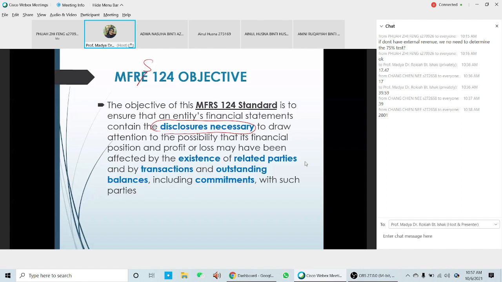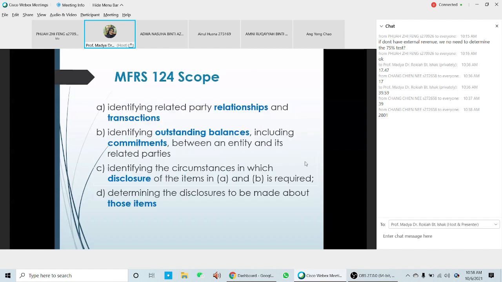So the standard has the objective to make sure that when the entity has a related party transaction, they make the necessary disclosure to inform the shareholders, because the related party transaction may have an effect on the assets and also the profit of the company.